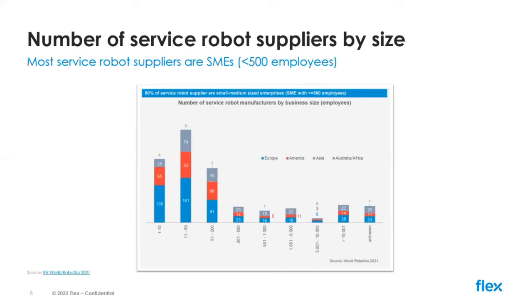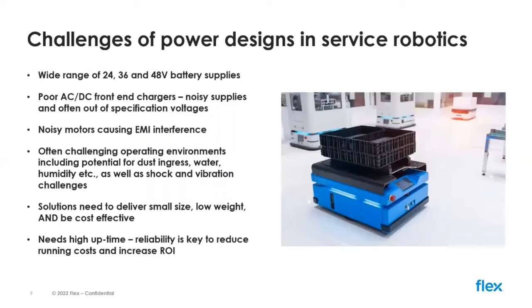There's lots of startups, lots of new innovation going into this, and lots of new ideas. If you look at Europe as a particular example, you see here the 1 to 10, 11 to 50, 51 to 200. There's a huge proportion of companies involved in robotics that are these very, very small companies, less than 200 people.